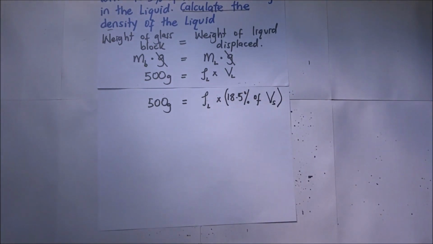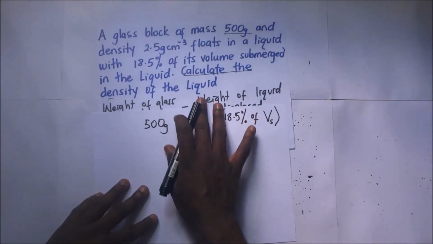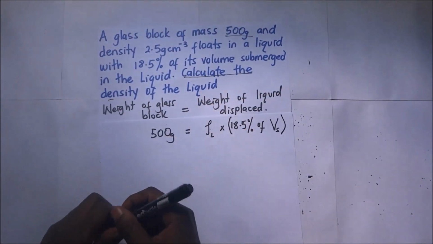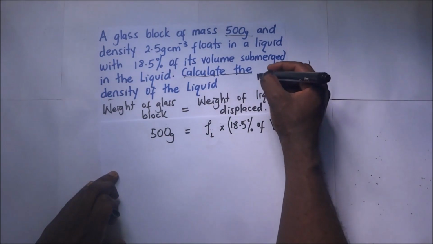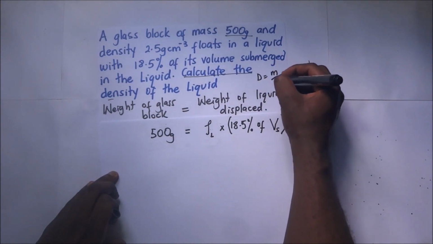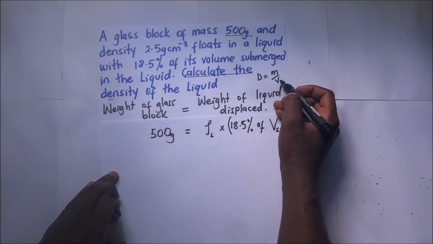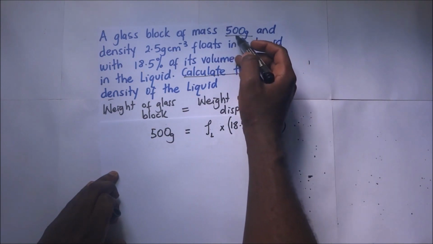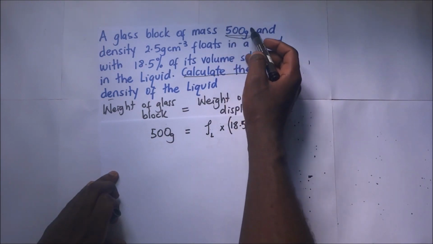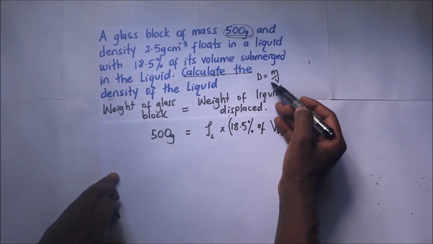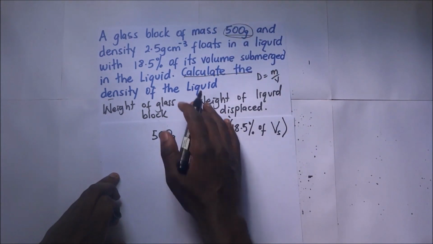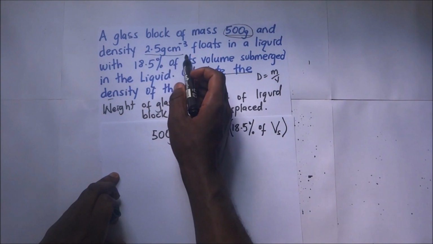We know that the volume of the solid can be gotten from the question: if density is equal to mass over volume, then volume is given by mass over density. We have the mass of the glass block being 500 grams, and we have the density of the glass block, which is 2.5 grams per centimeter cubed.